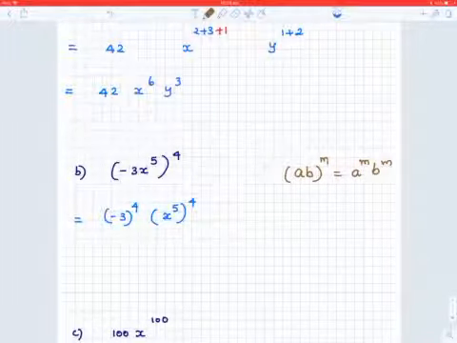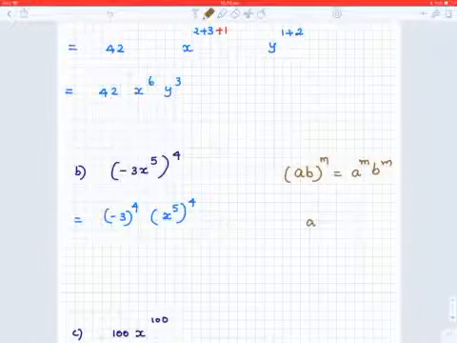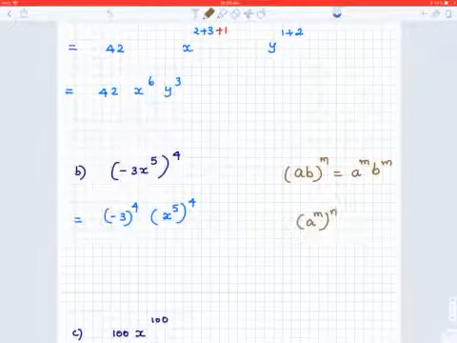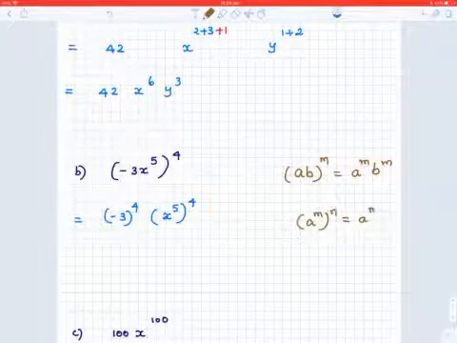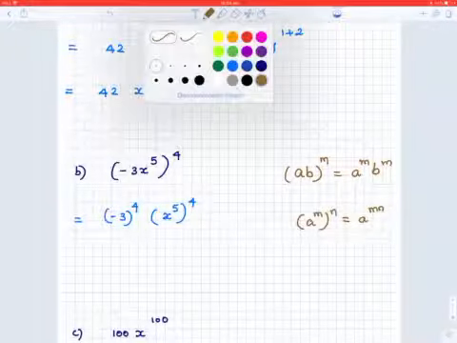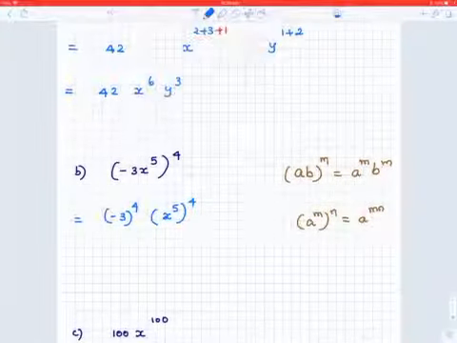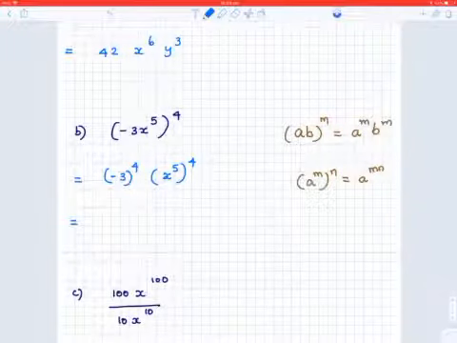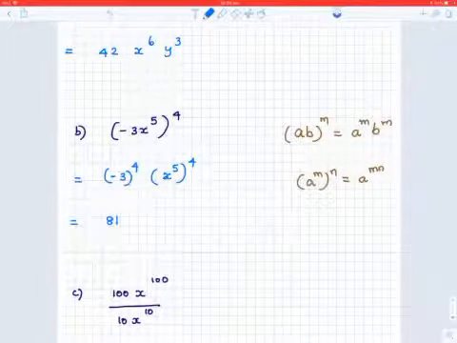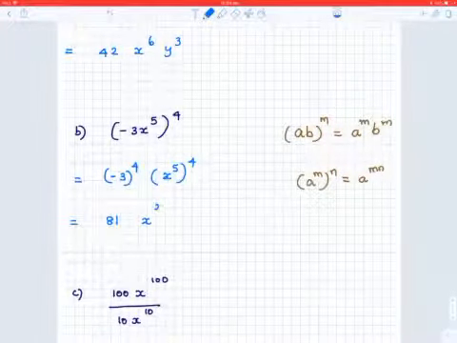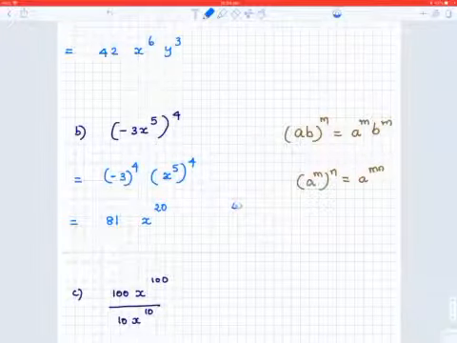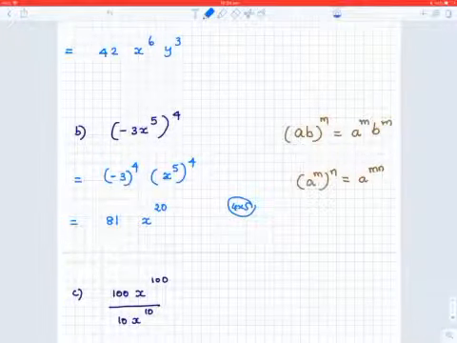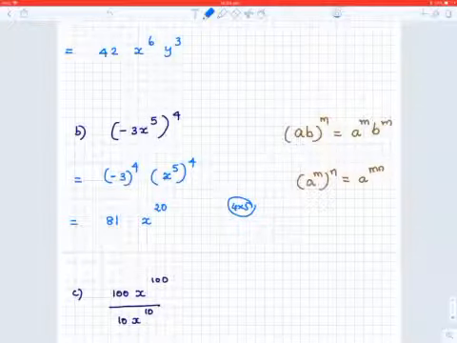Now, the next law I'm going to use is a power m the whole power n equals a power mn. For the number, I can write the answer as 81, and this becomes x power 20, which is 4 times 5, gives you 20. So that's your answer.